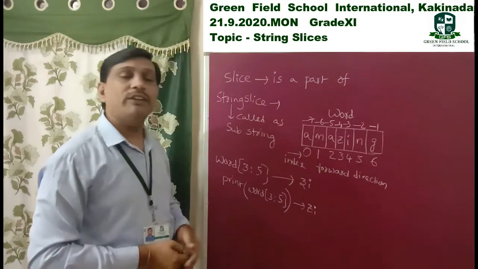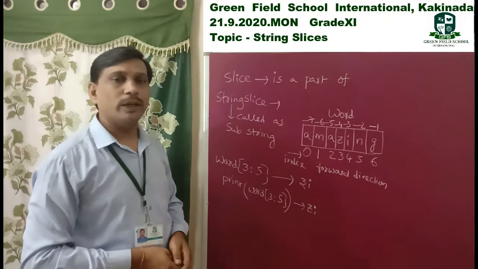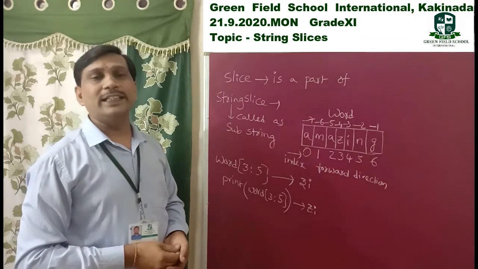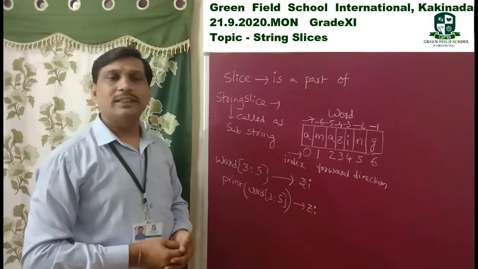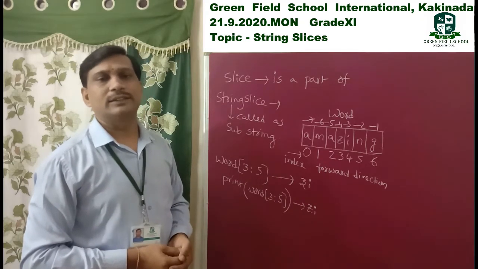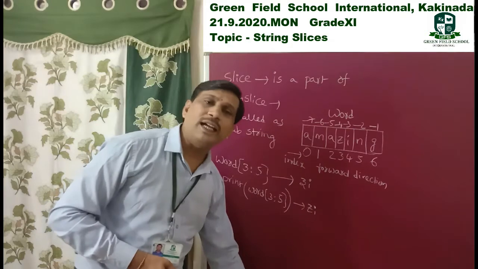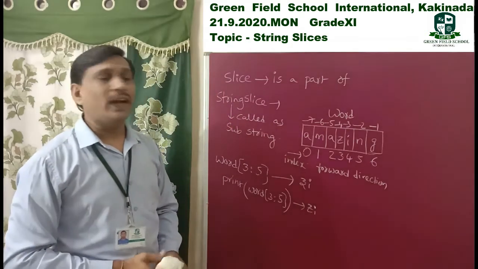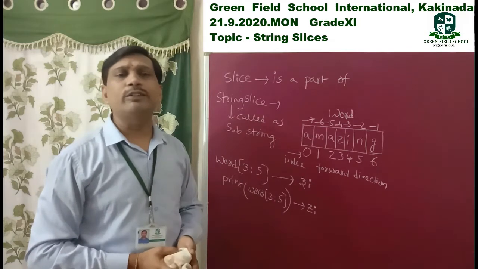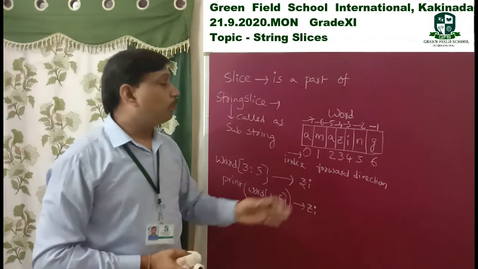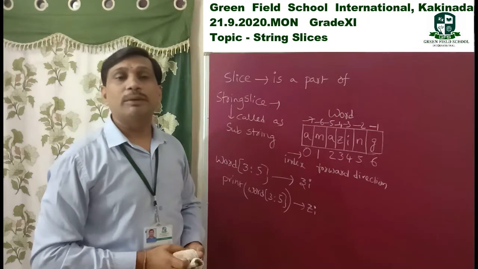We do not include 5. Understood my point? These string slices are a part of the given string, that is a substring, a subpart of the given string. We can write many subparts, not only one, more than one substring from the given string.